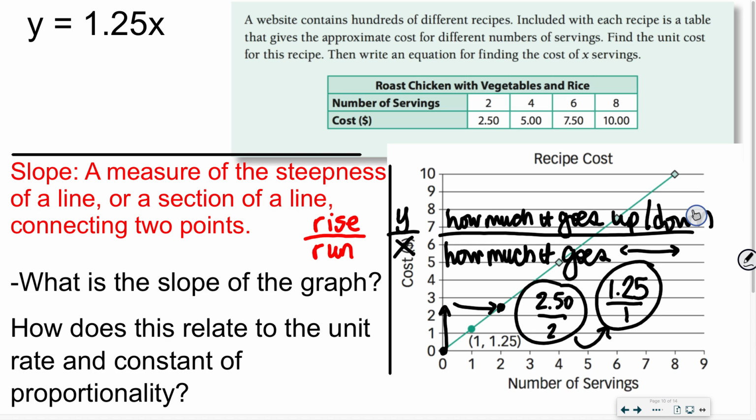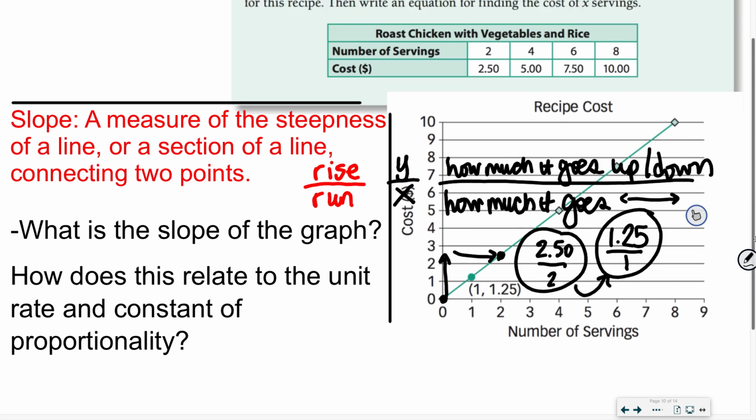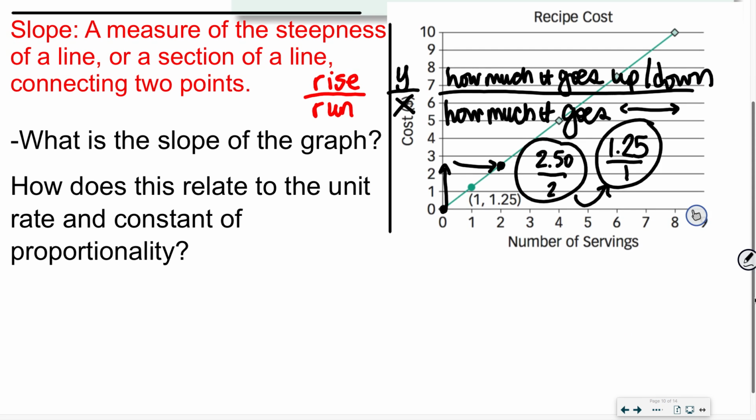What was the constant of proportionality? 1.25. And what was the unit rate? 1.25. So in a proportional relationship, what's the same? The unit rate. So what can we say?